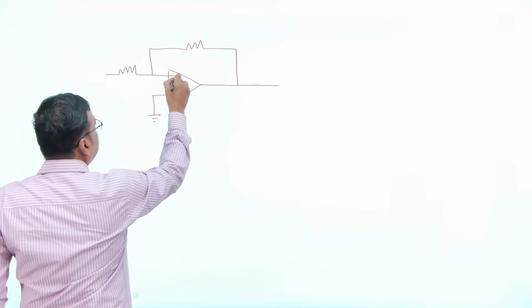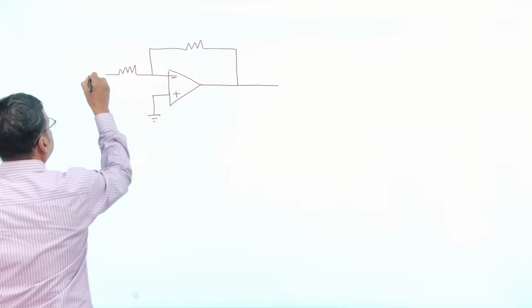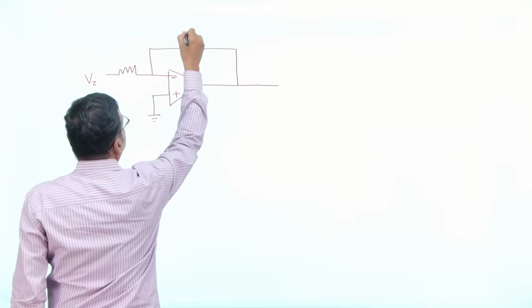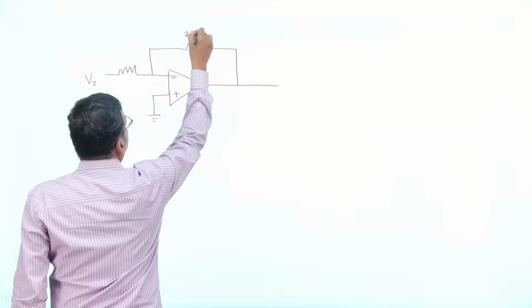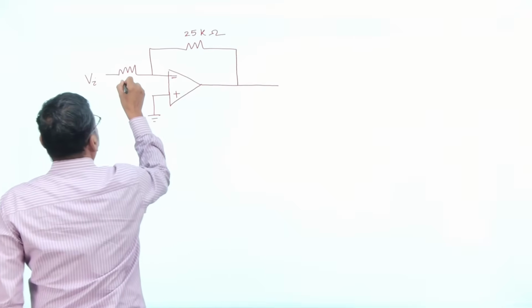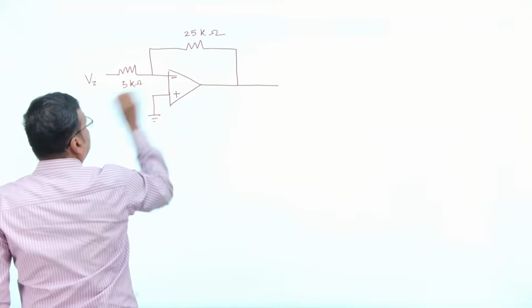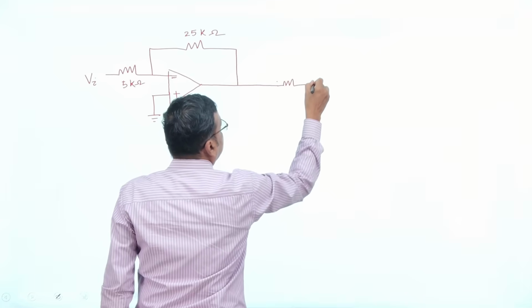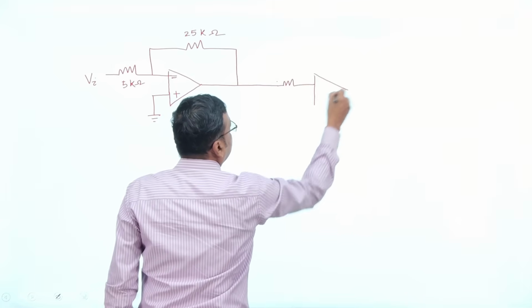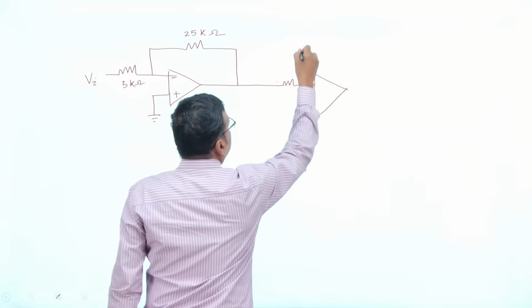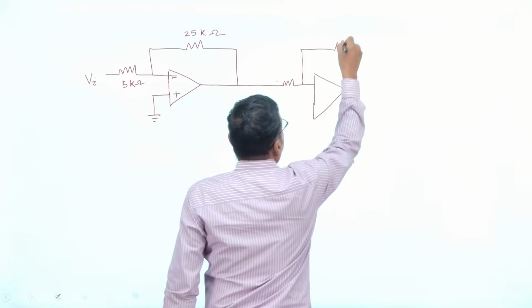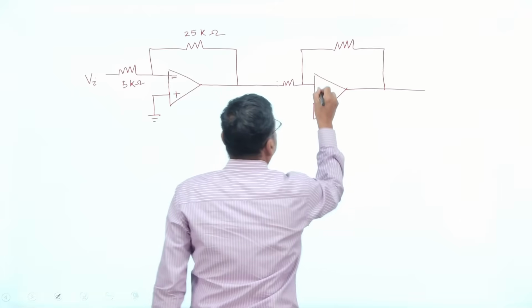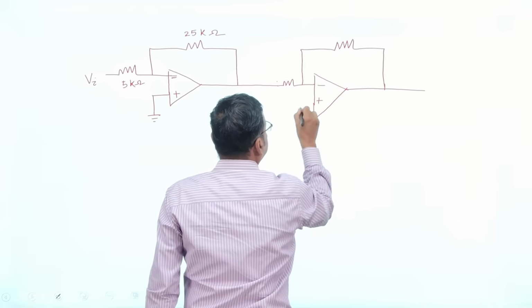Let me say this is your Vi. Let the resistance value be 25 kilo ohm, and let this be 5 kilo ohm. This is your minus and this is your plus.